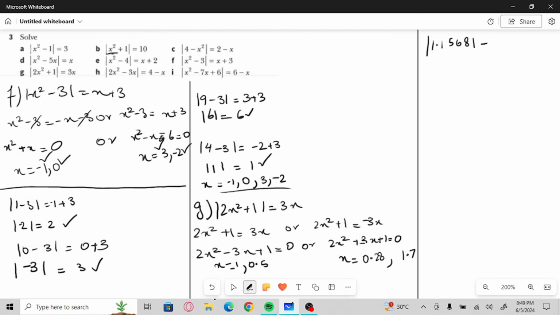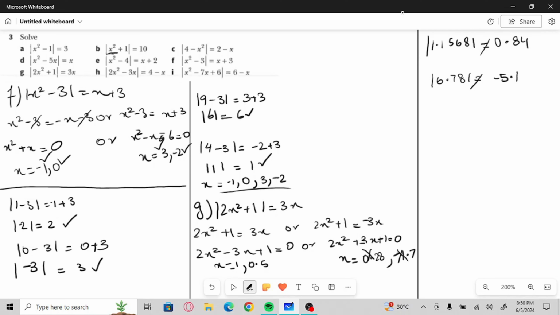For the second input, -1.7, squared becomes 2.89, multiplied by 2 and added to 1 gives 6.78 in modulus. This should equal 3 multiplied by -1.7, which is -5.1, and it is incorrect.